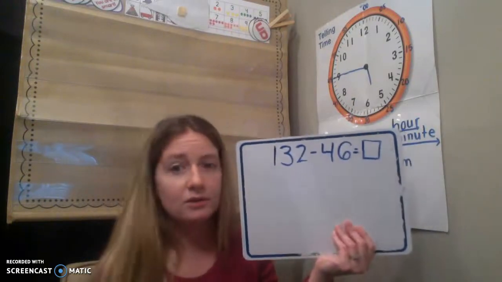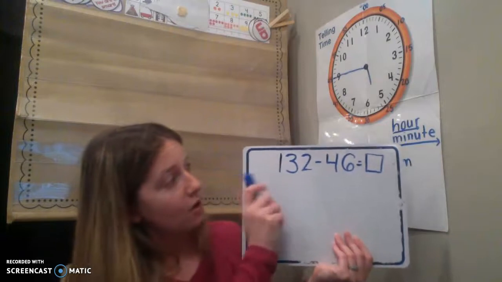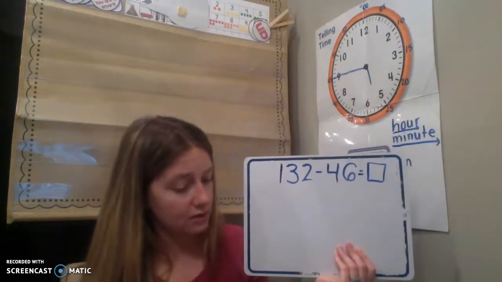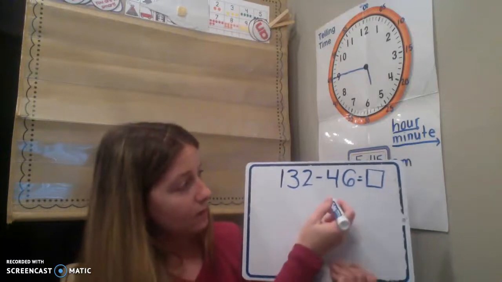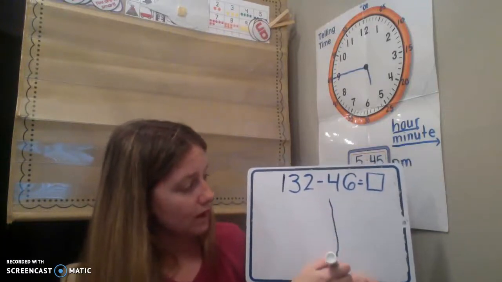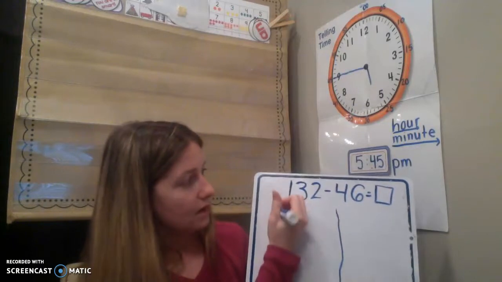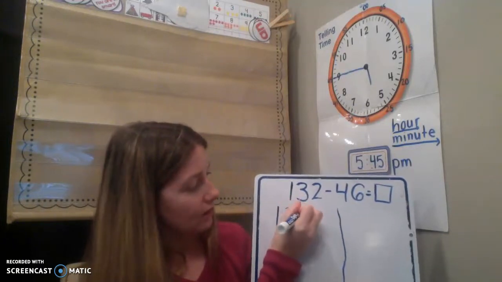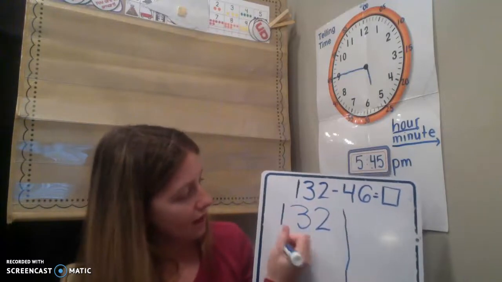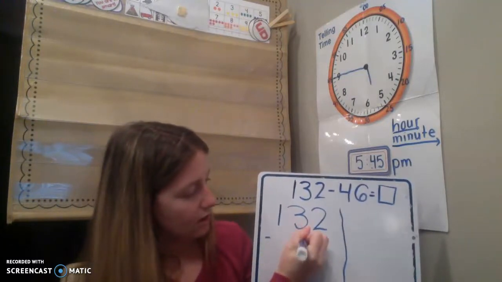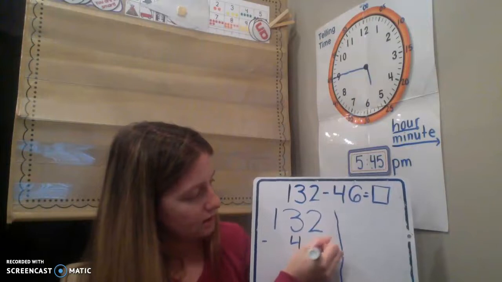All right, we're going to move on to a subtraction problem. So here is my horizontal equation for subtraction. And remember, we can solve it 2 ways. We might write it vertically, remembering to line up our tens and our ones.